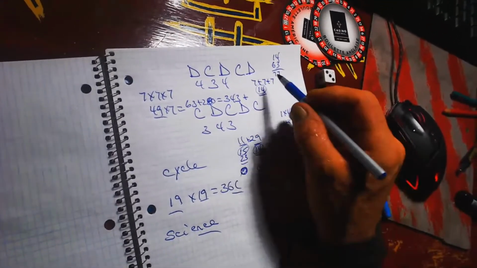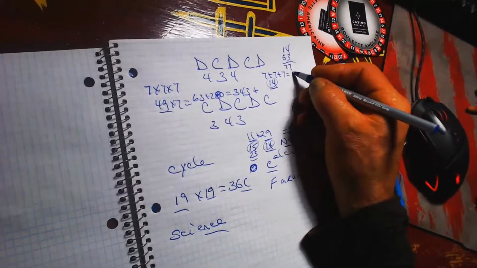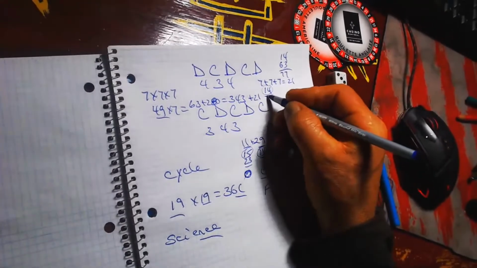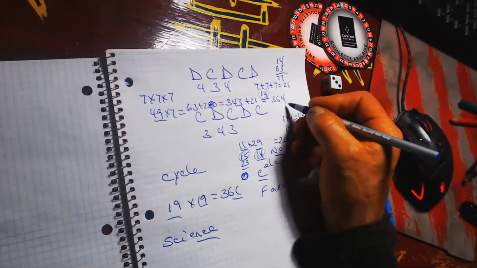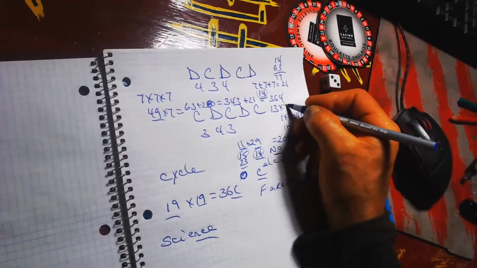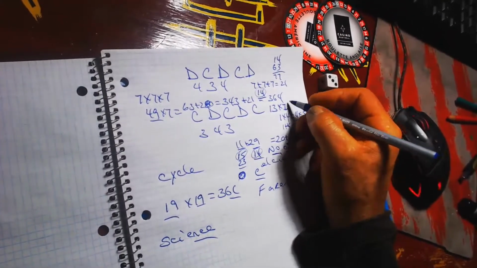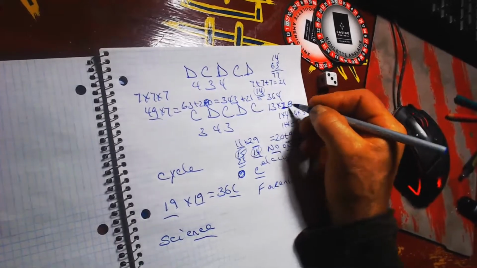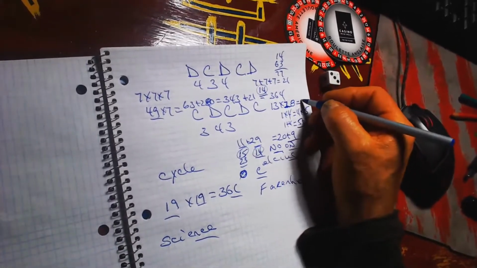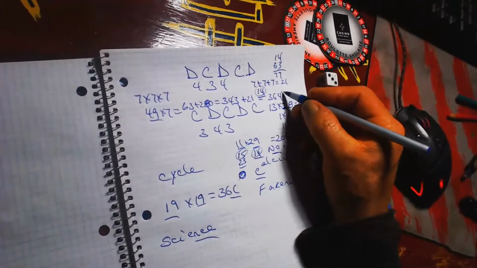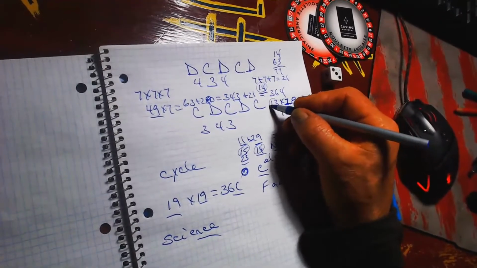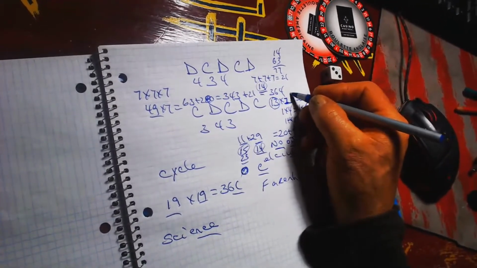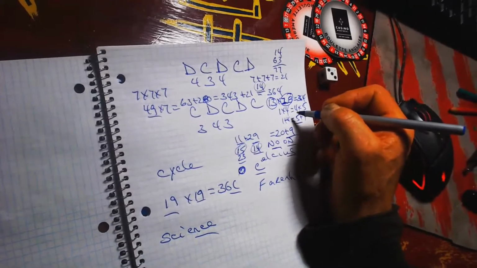We're going to go back to this. 777 equals 21. 21 equals 364, or 13 times 28 equals 364 cycles of the moon. 1 and 3 equals 4. 2 and 8 equals 10 equals 1.